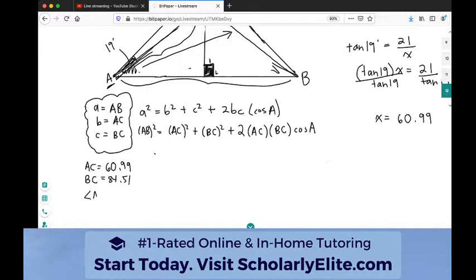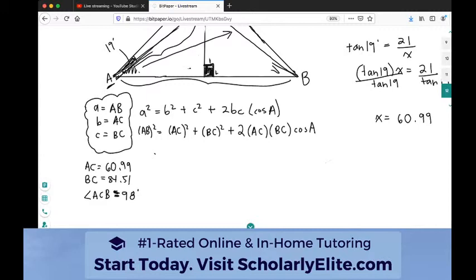Angle ACB. And remember, the first letter in the angle situation is always the one where it starts. Great. So that's going to be 98 degrees. And we're just going to plug all that information in.